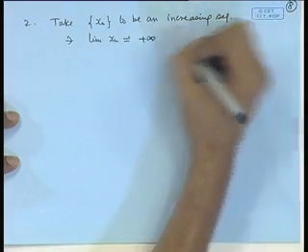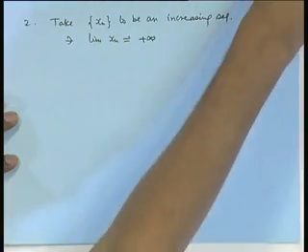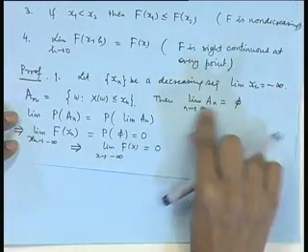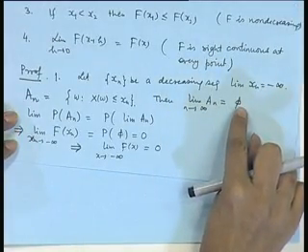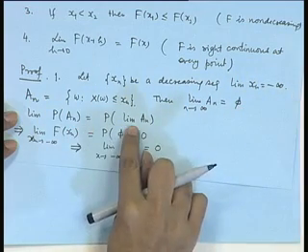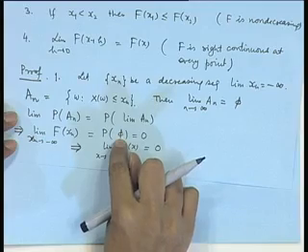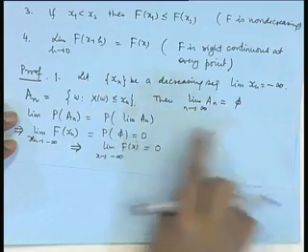If we apply the argument given in the previous one, then here we will have limit of A_n is equal to the full space, and therefore limit of A_n will be omega, and here you will get equal to 1.